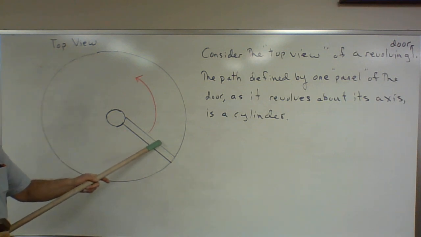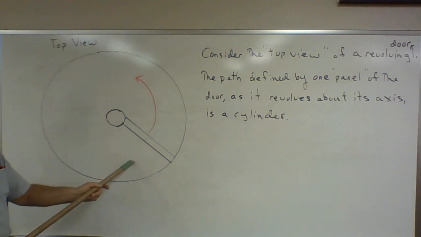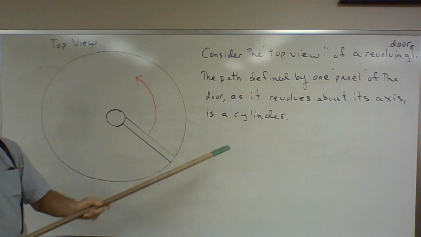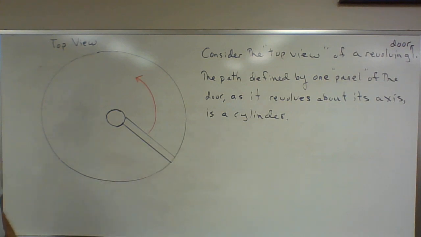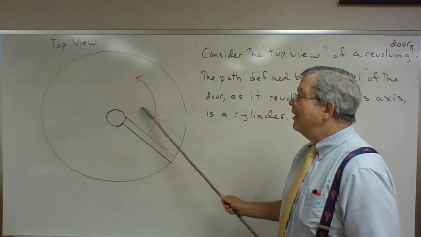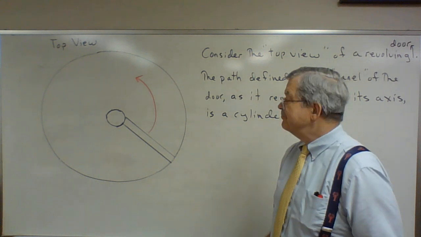The path defined by this one panel of the revolving door as it revolves about its axis is a cylinder, which I guess is why the housing of a revolving door is a hollow cylinder.